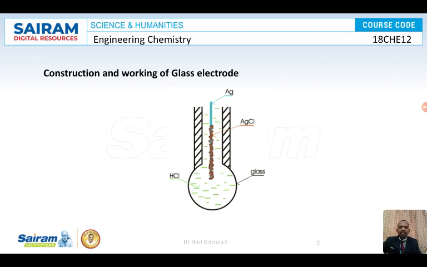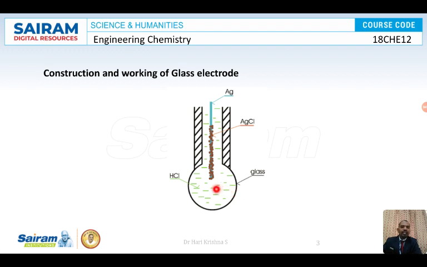The glass bulb contains a solution of known pH and concentration. Usually the solution is HCl of 1 molar concentration. It also contains an internal reference electrode, and the commonly used one is the silver chloride electrode. So I repeat: the glass electrode is made up of a special glass bulb with low melting point and high conductivity.